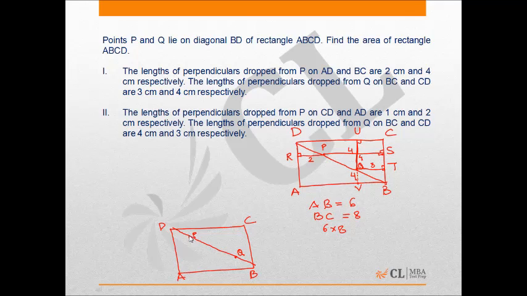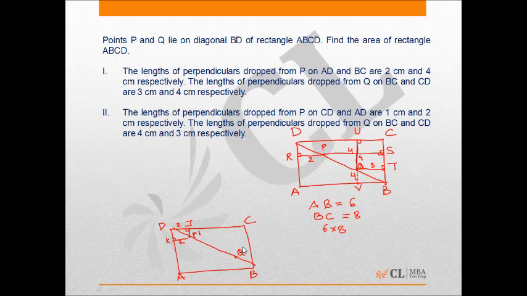Now what is given is, if you drop the perpendicular from P on CD, let's say it meets at point J, the length of PJ is 1 unit. And similarly, when you drop the perpendicular from P on AD, let's say it meets at point K, the length of PK is 2 units. So similarly, DJ will also be 2 units.